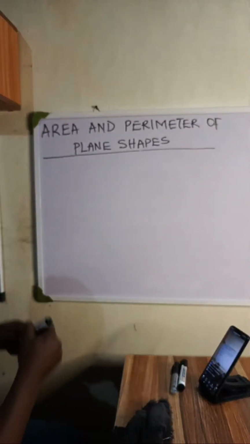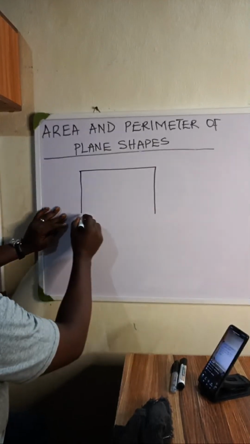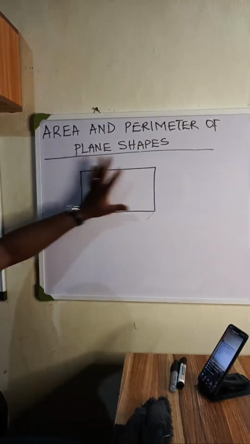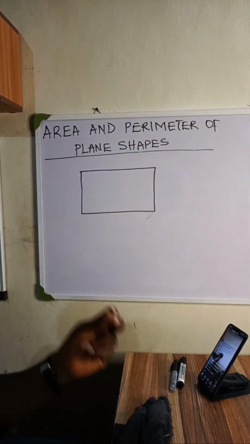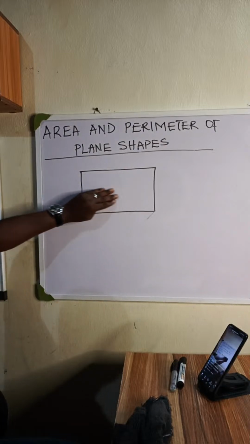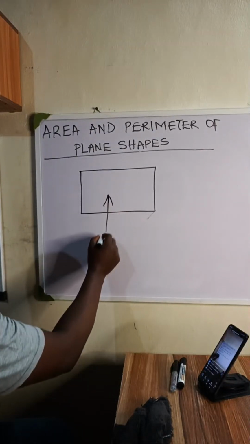So let's use a rectangle. Let's say you have a rectangle like this. Now, this rectangle is made up of two components. You can see an empty space inside this rectangle. This empty space is what is called the area.